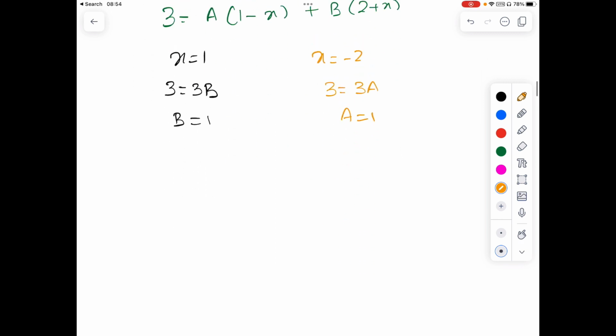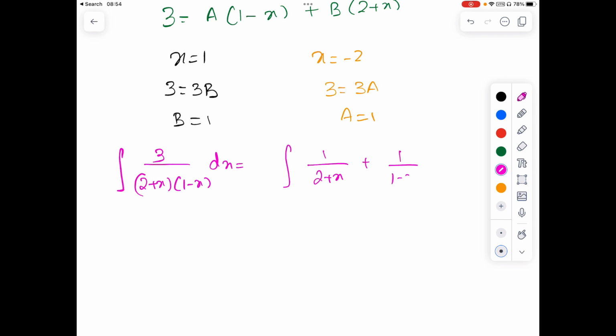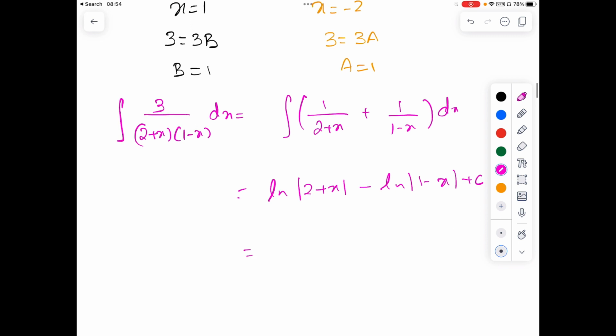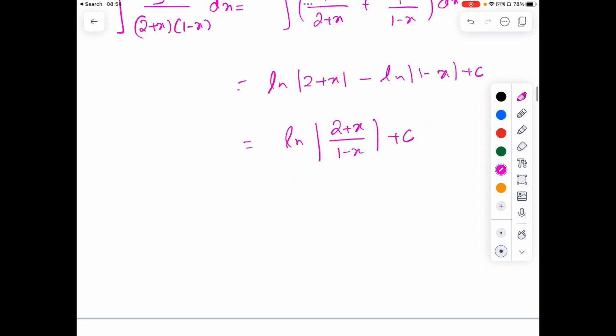Then the integral of 3 upon (2 + x)(1 - x) dx will become the integral of 1 upon (2 + x) plus 1 upon (1 - x) dx. So what does that become? ln|2 + x| minus ln|1 - x| plus C. So it becomes ln of (2 + x) upon (1 - x) plus C.